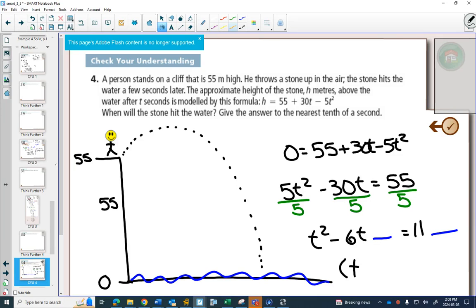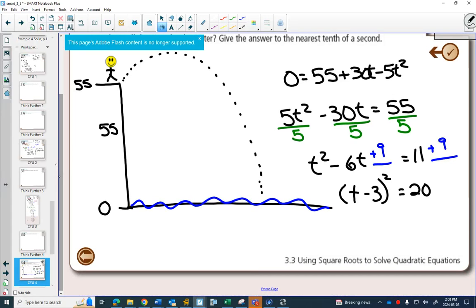And in order to get a minus 6, does it make sense? I would need t minus 3, which would mean there has to be a plus 9 in there, which means I also have to add 9 to the other side, making it equal to 20.